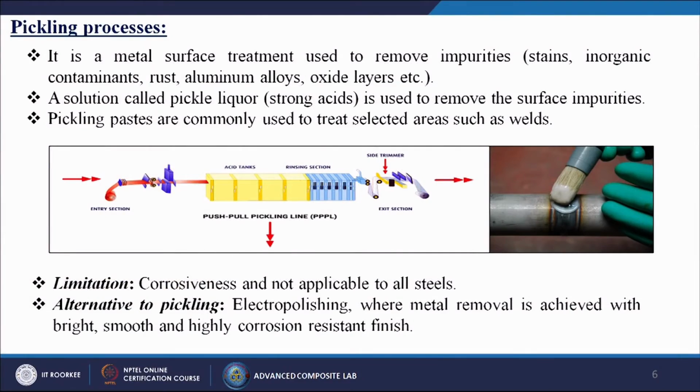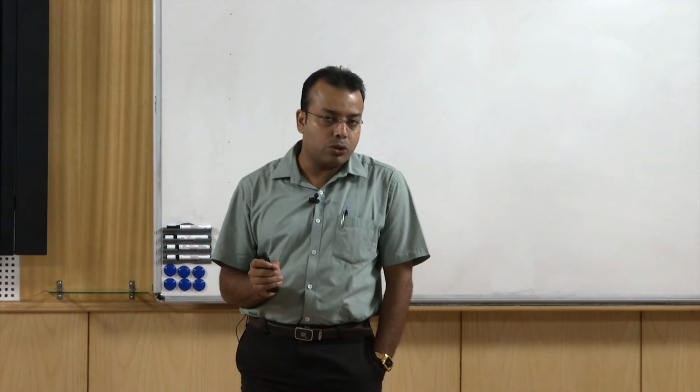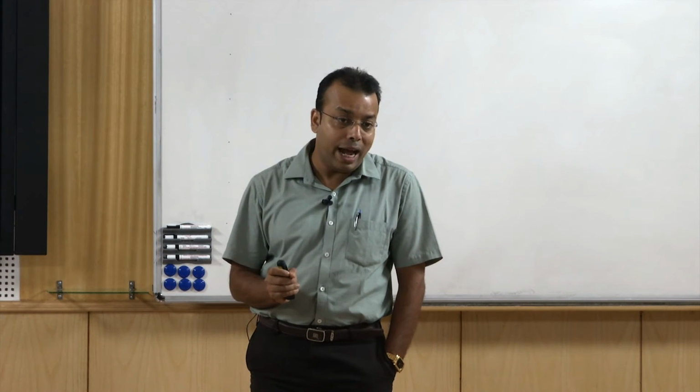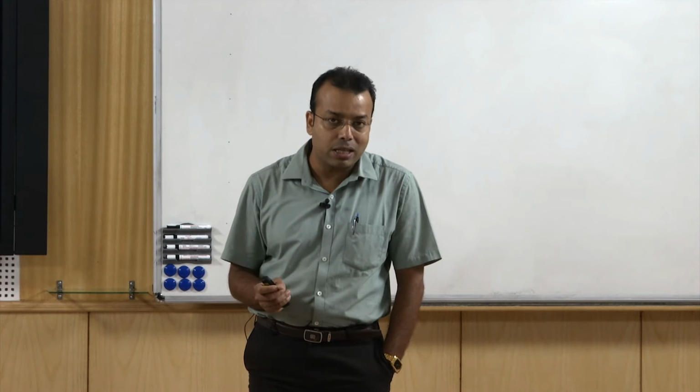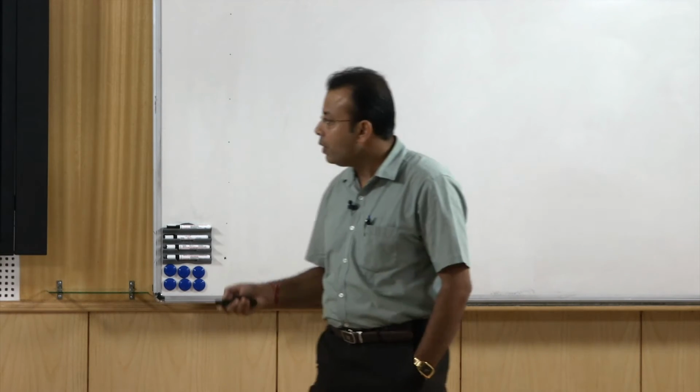There are certain limitations of this particular technique too. One is corrosiveness, and it is not applicable to all steels, because you are using certain kinds of acids. If your material is soft or does not have acid inertness, it can react with the pickling liquor.